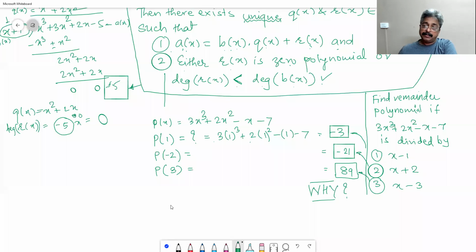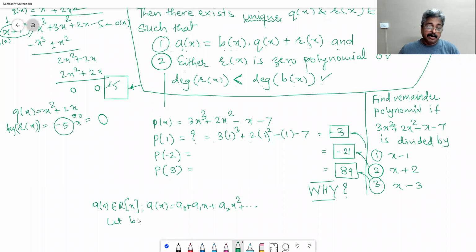So in other words, if P of x is equal to a0 plus a1x plus a2x square plus dot dot dot, a polynomial over the reals, or let me call it a of x only, it is not necessary to call it P of x.